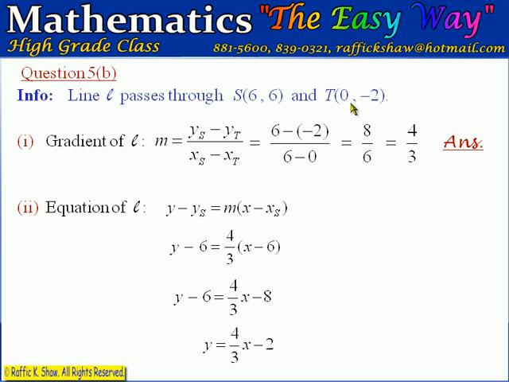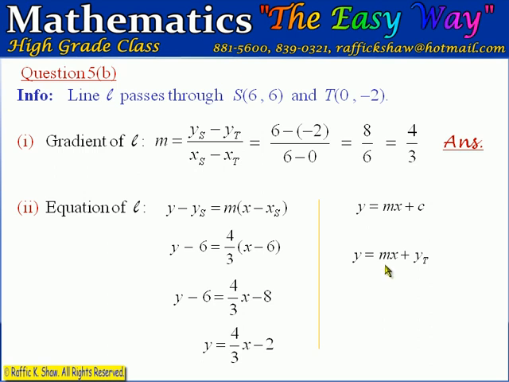Now, because we also have the y-axis intercept, which is our c, we can go ahead and use the gradient intercept form for the equation of a line. So we could use this formula, or we could use this formula in this case, because we actually have the y-axis intercept, which is c. This is y equals mx plus c, where m is the gradient and c is the y-axis intercept, which we have. So actually this is y equals mx plus yt, because yt is the y-axis intercept, the c value.